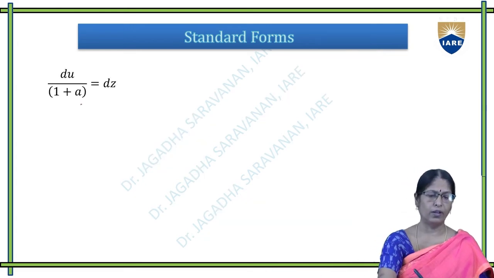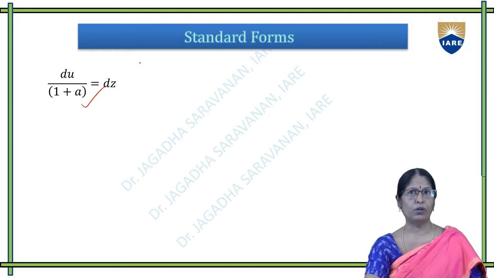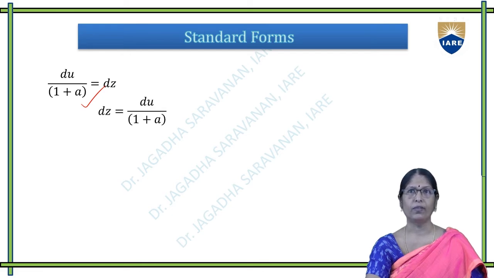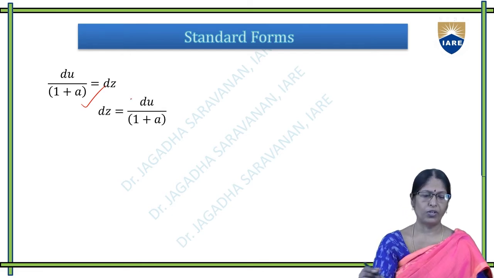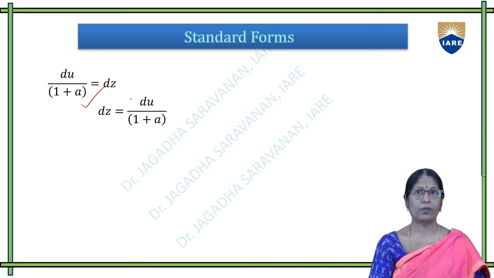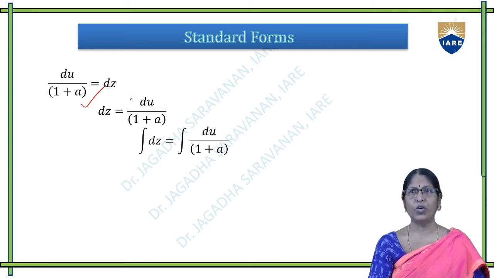Now we bring the u term to one side, so du by 1 plus a equal to dz. So we wrote dz equal to du by 1 plus a, and we do the integration on both sides.